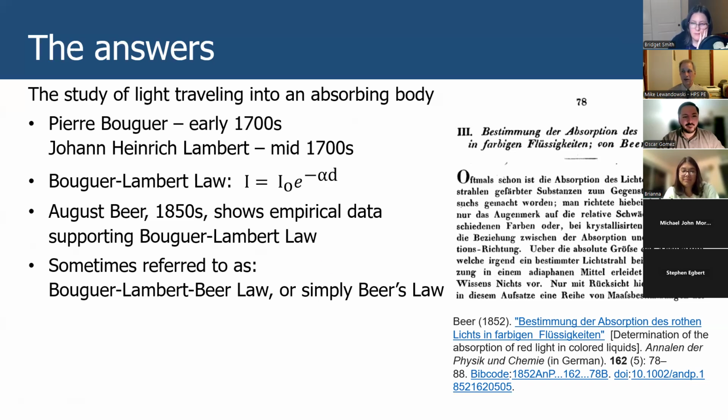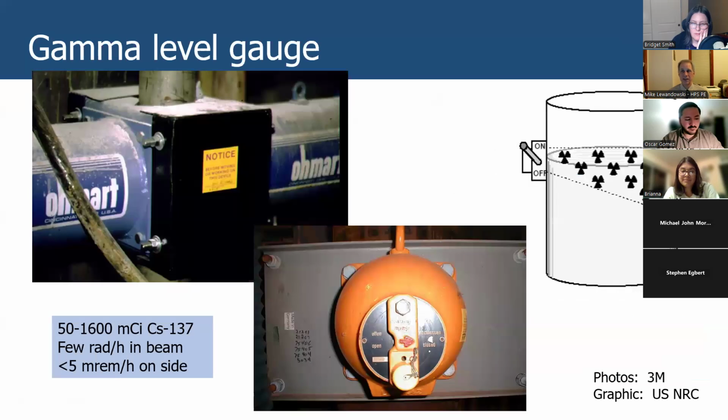So let's see how we can apply this. Probably the easiest way to think about this is, let's just take a radiation source, a photon emitting source, and place a detector opposite it.